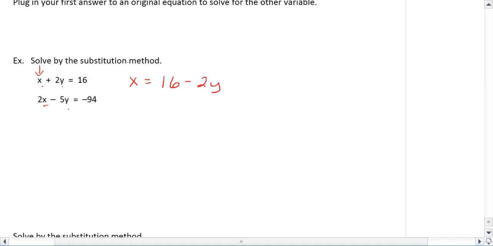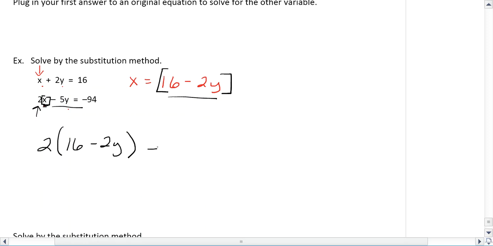And now for the substitution, we're going to take this and go to the other equation where this x is. We're going to take this x out and put in this expression. So keeping that 2, putting in the expression 16 minus 2y, and then continuing with the rest of this equation, minus 5y equals negative 94.